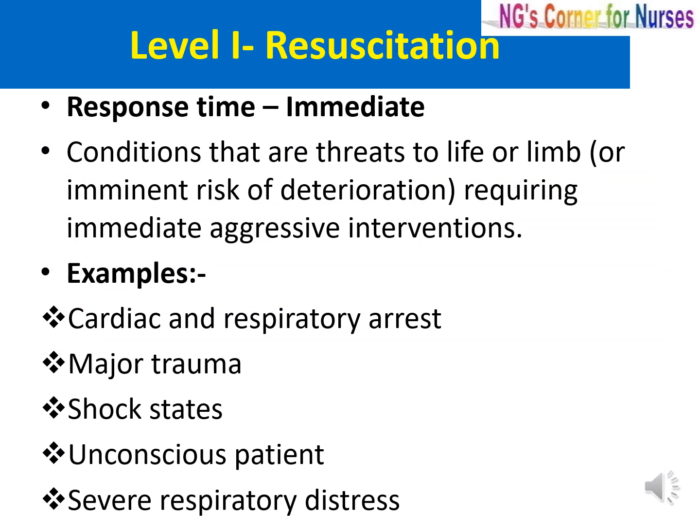Color code is blue, response time immediate. Conditions that are threats to life or limb requiring immediate aggressive interventions. Examples are patients with cardiac arrest and respiratory arrest, major trauma, shock states, unconscious patients, severe respiratory distress.